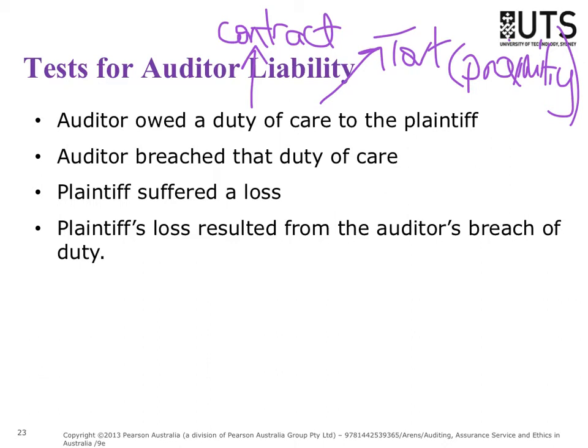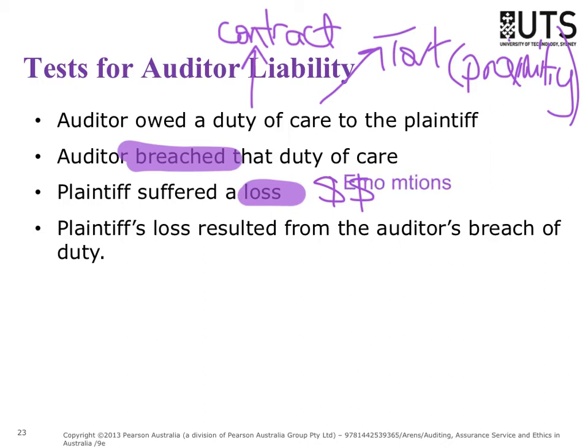Did I make a mistake or an error? That's what this bit here is. Breaching the duty of care is, did I make the mistake or error? Was there a loss? Now, importantly, that loss must be financial. Okay. We do not allow people to sue for emotional loss.